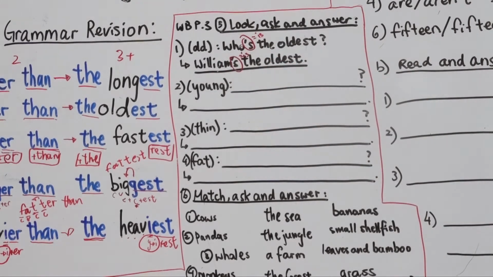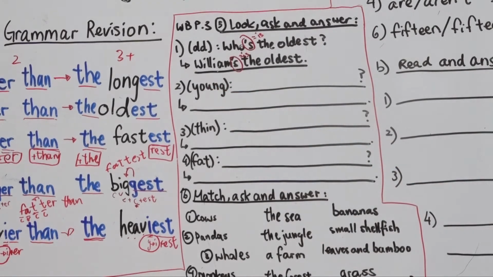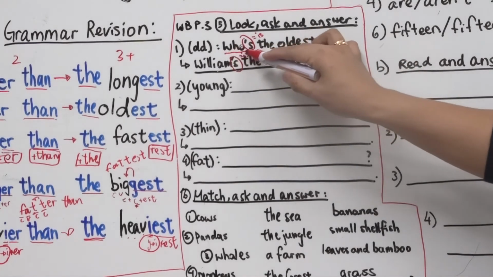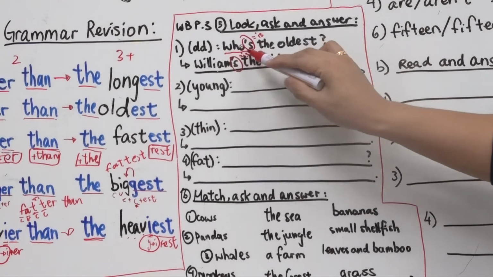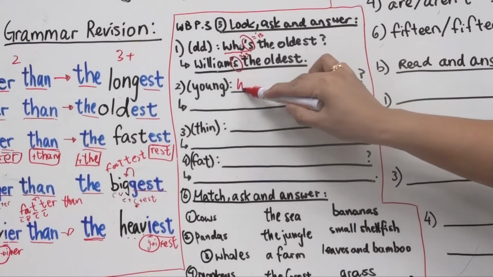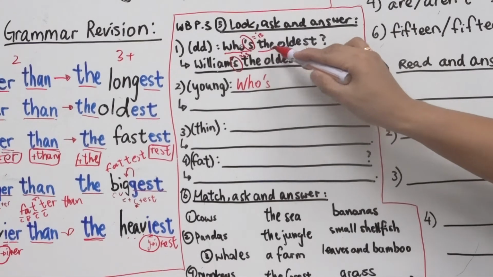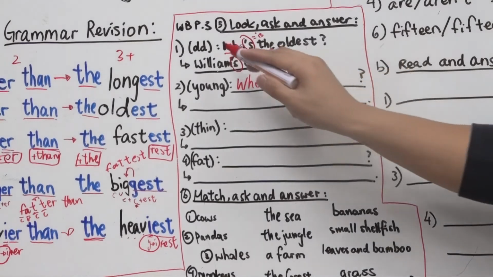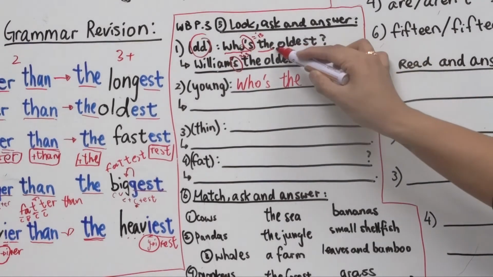Okay? Now we have to use the word young. Ask the question about young. So we have to copy a little bit, right? We start with whose, so we copy it here too. Since they told us to use the word old, we have oldest here.